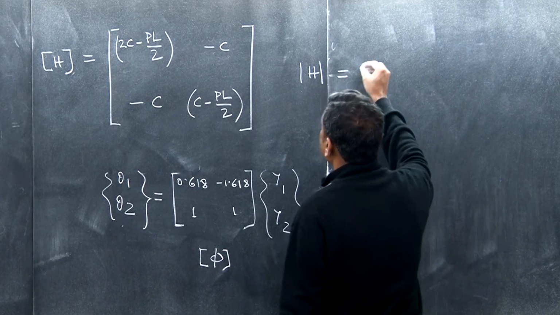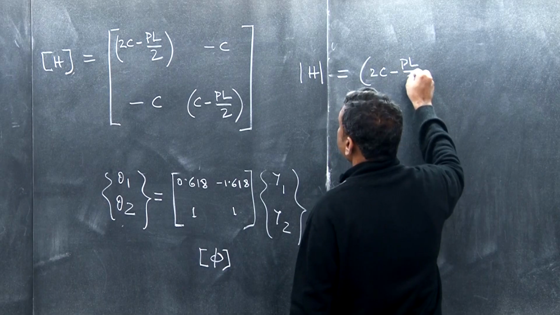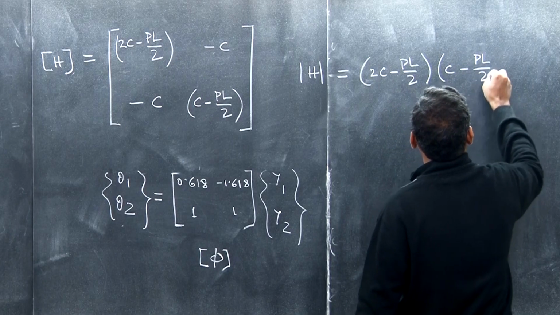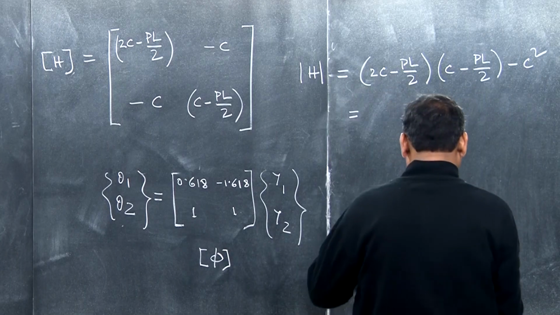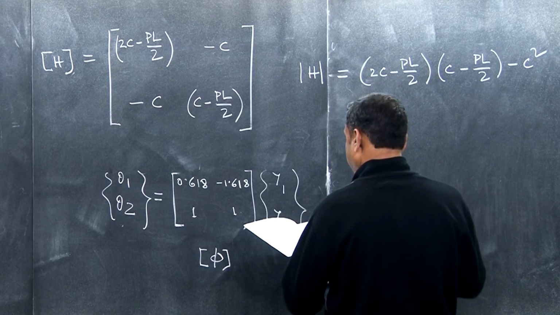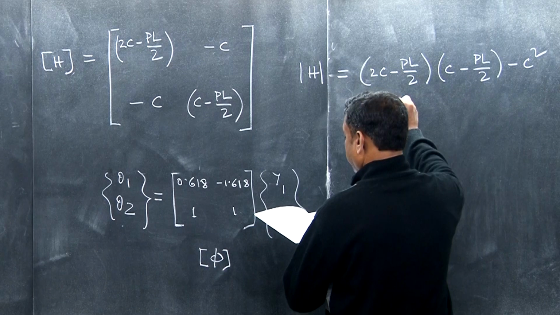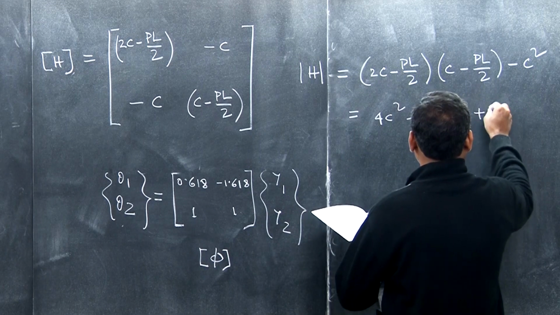So, the determinant, if you find out, what you will get: 2C minus PL by 2, times C minus PL by 2, minus C square. You will see that this expression is the same as the quadratic equation we got earlier, 2C square minus 3 PCL plus P square L square.